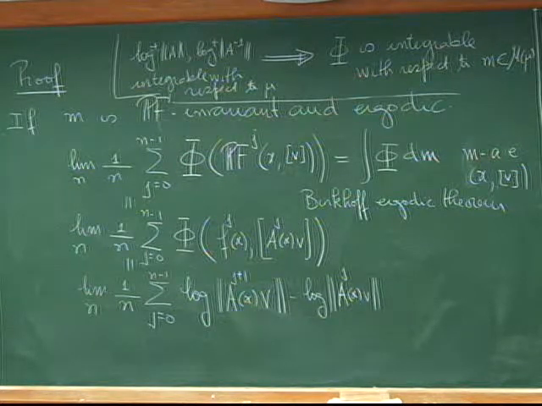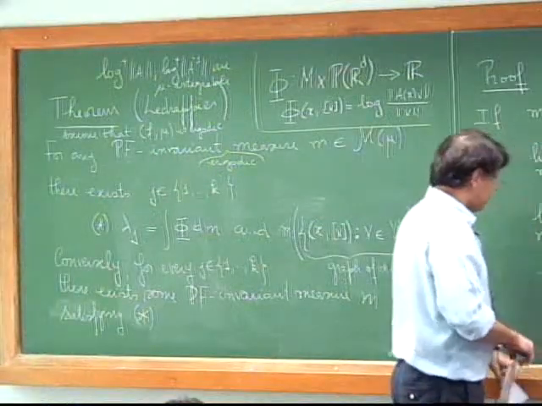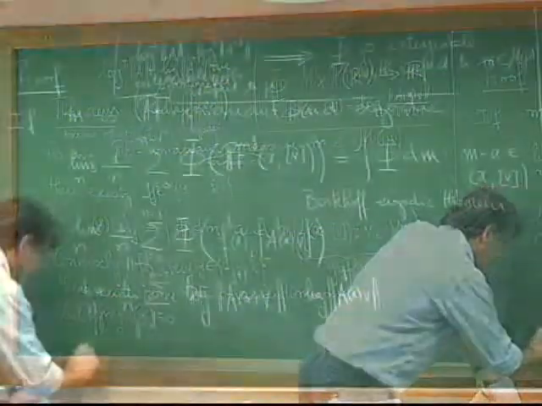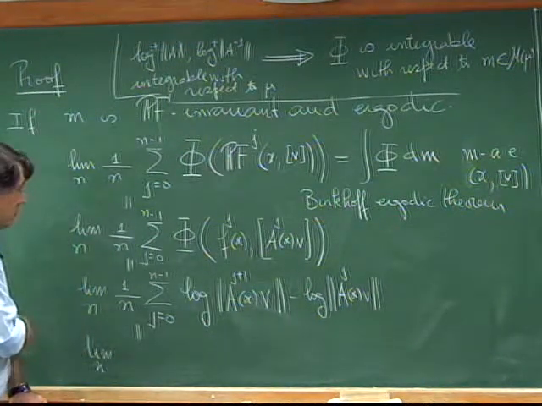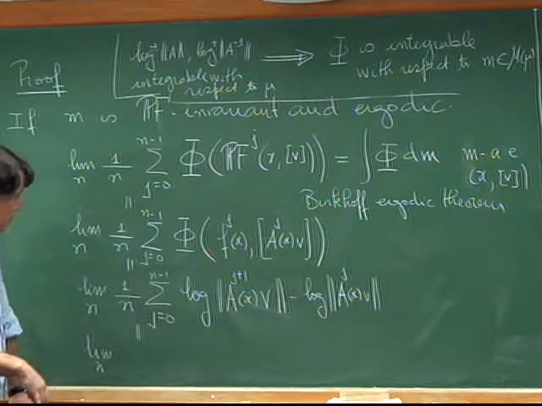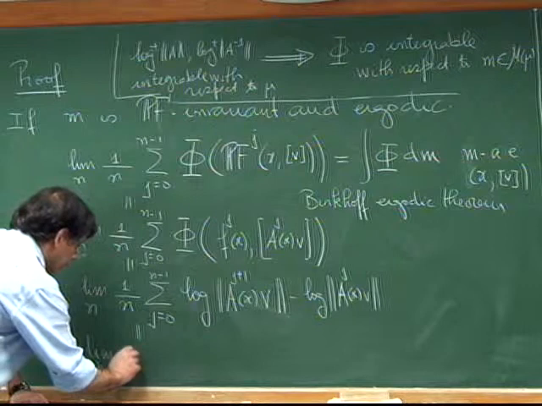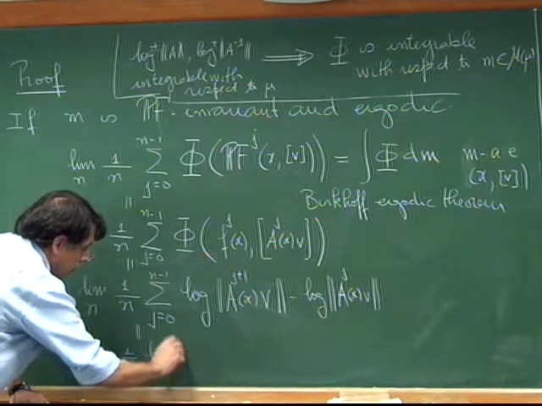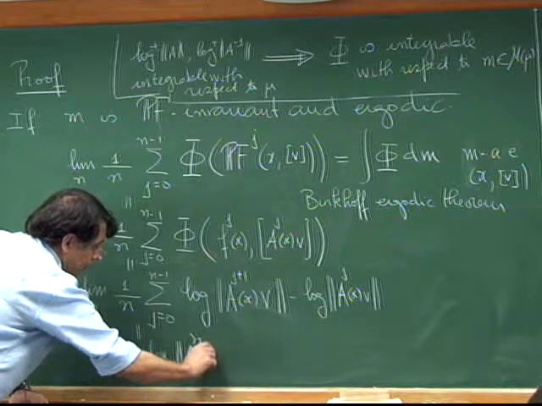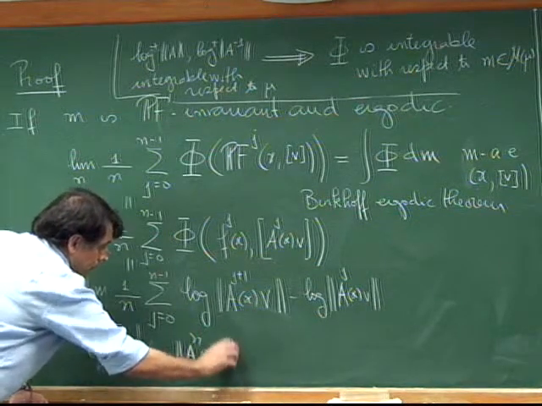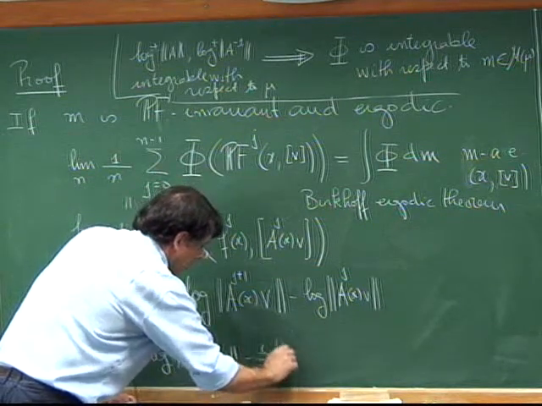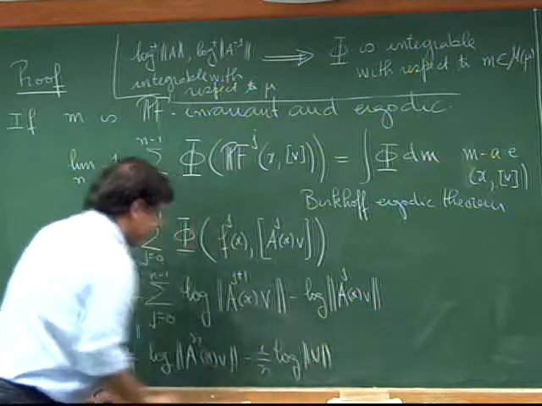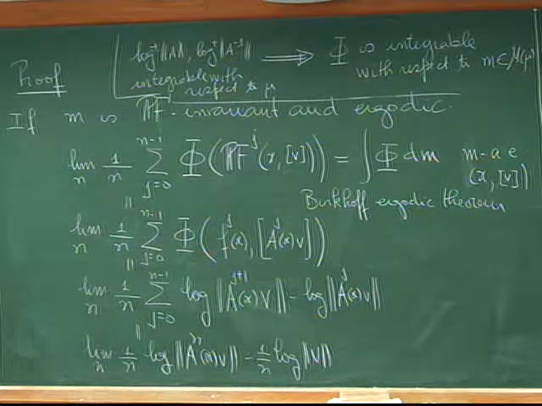And now I guess you understand why I decided to look at this expression here. This is nothing else but the limit of, you have this telescopic cancellation, limit of 1 over n log of A^n x v minus 1 over n log of v.